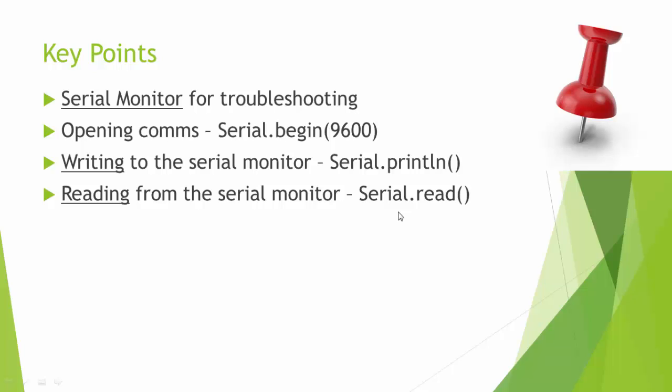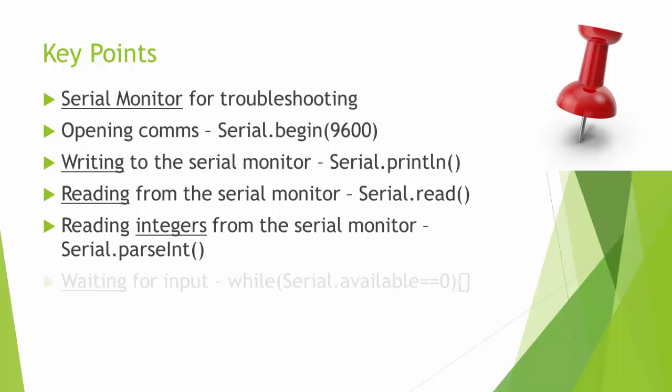When we want to read from the serial monitor, we can use Serial.read or Serial.parseInt. And if we want our Arduino to not do anything until it's received information from the user, we simply use this while Serial.available command to wait for the user to be ready.